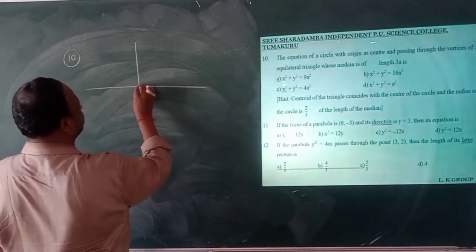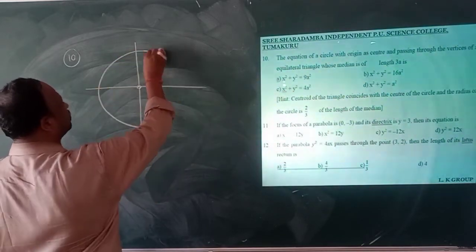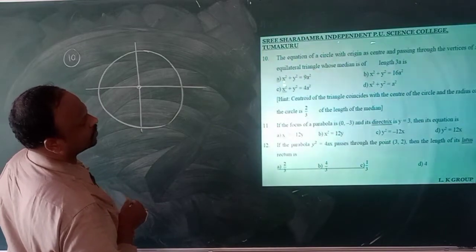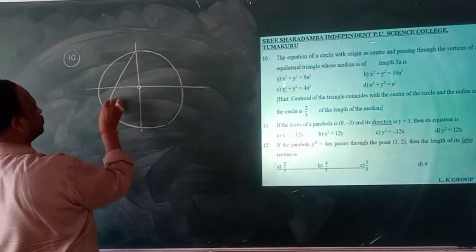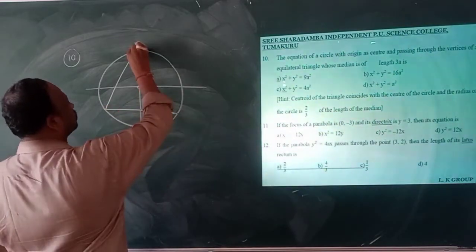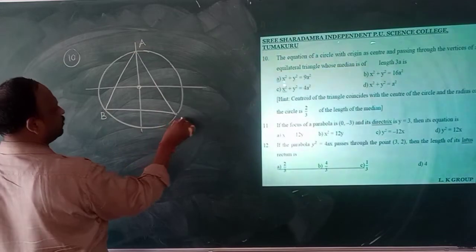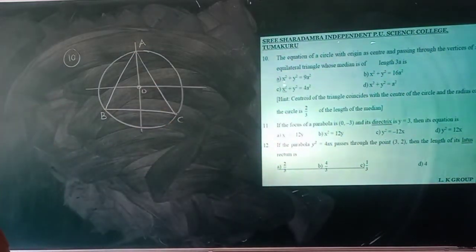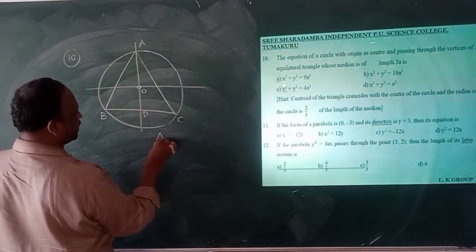So here center origin and passing through vertices of equilateral triangle ABC. ABC is an equilateral triangle. One of the median is 3a. Let us take D. AD is equal to 3a.